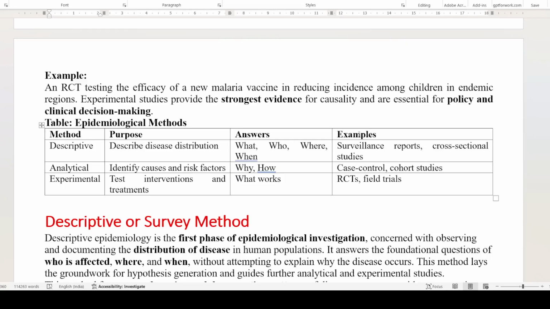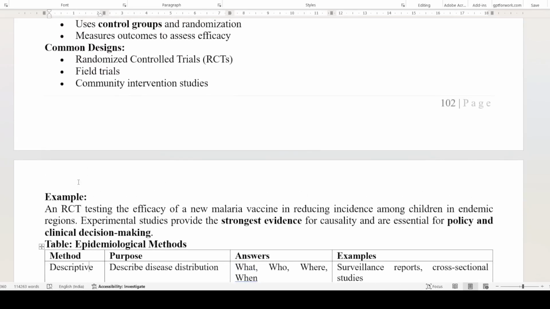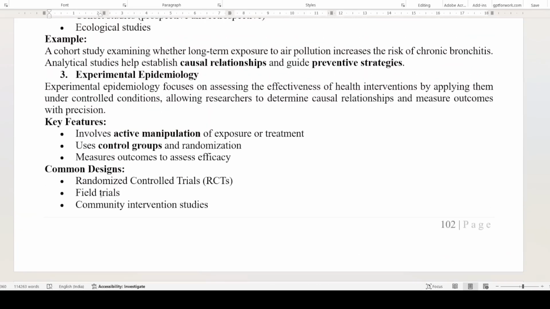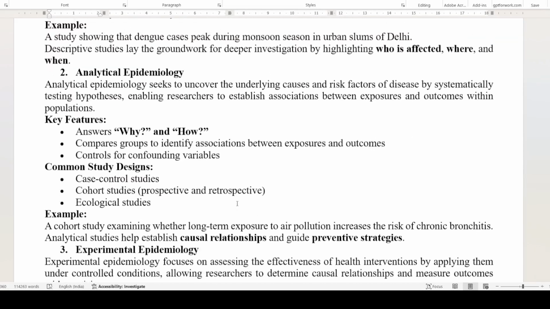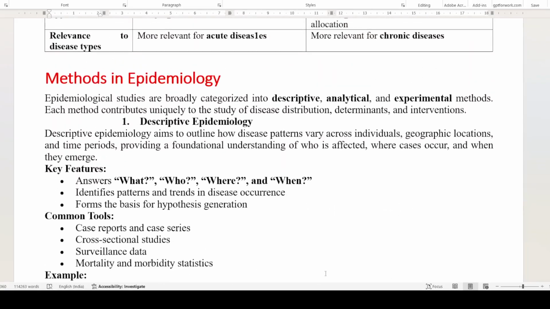Examples of study designs are surveillance reports and cross-sectional studies in descriptive, case control and cohort studies in analytical, and RCTs and field trials in experimental, right? So this was a gist, a summary of what the three methods in epidemiology are.